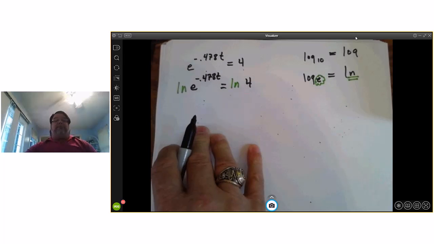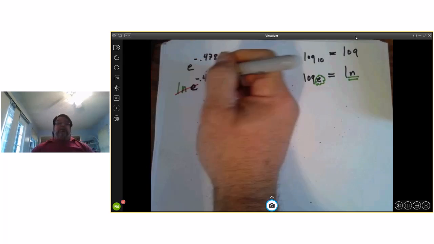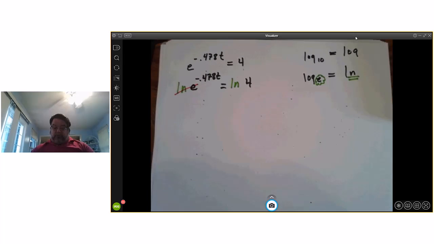Okay, now what happens when you take the natural log of E? Does anybody know from their algebra? It cancels the E out, and the exponent drops down.